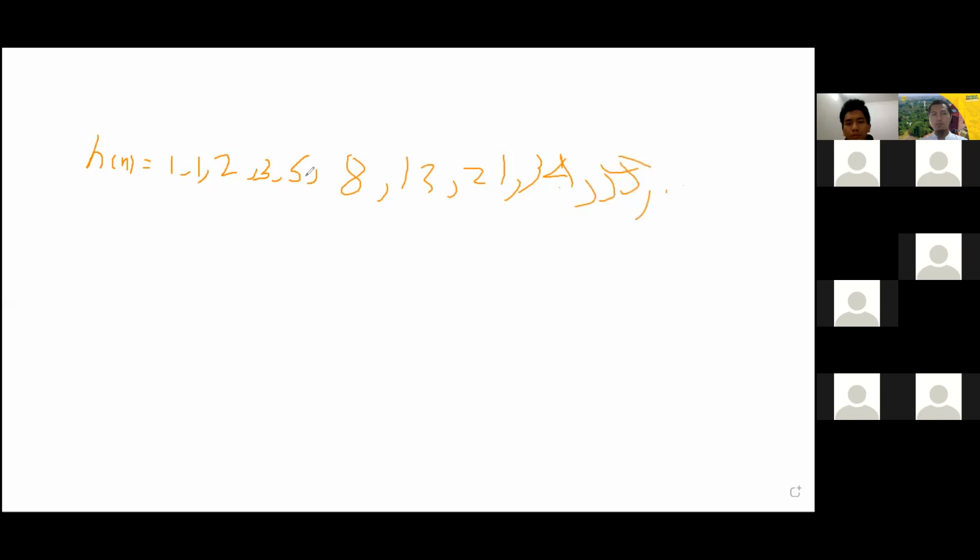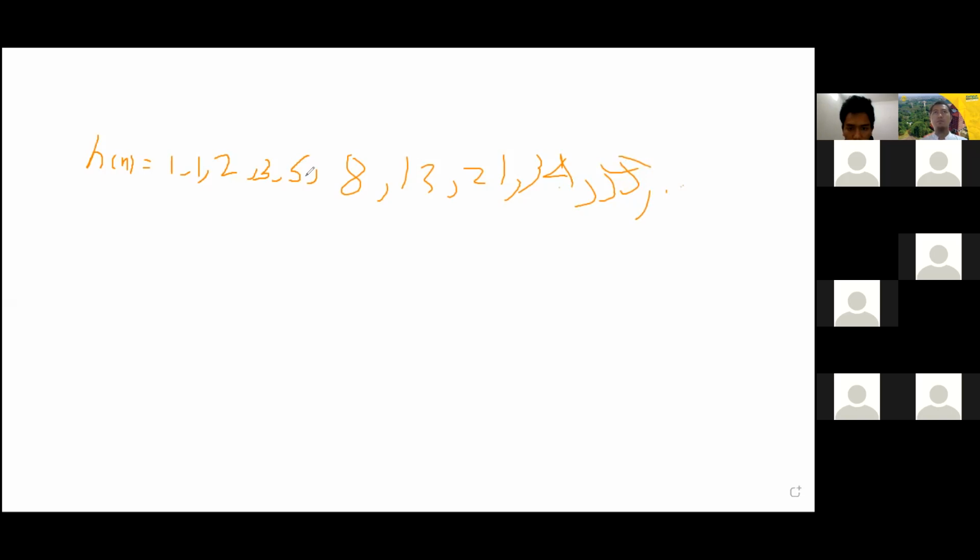In the presentation, the unit sample response is this. It resembles a Fibonacci series, right?